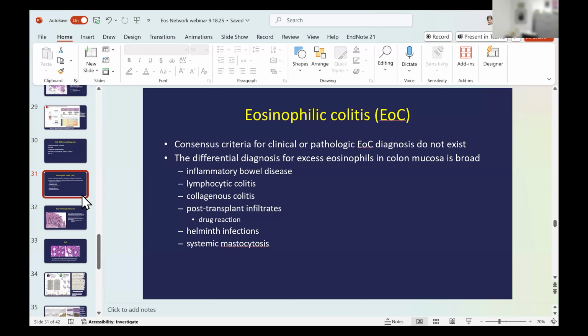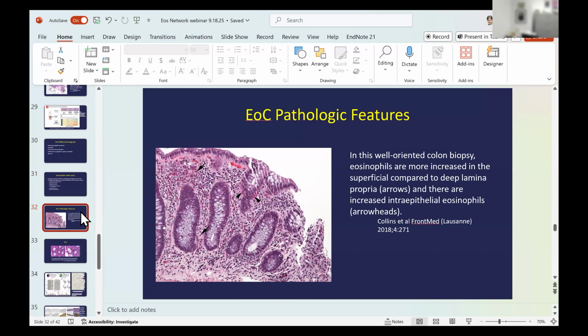Patients who have had transplants, probably because of drugs that they receive for their transplants, also can develop significant eosinophil infiltrates in the native and the transplanted organs. And of course, infections and systemic mastocytosis can be associated with a lot of eosinophils as well.